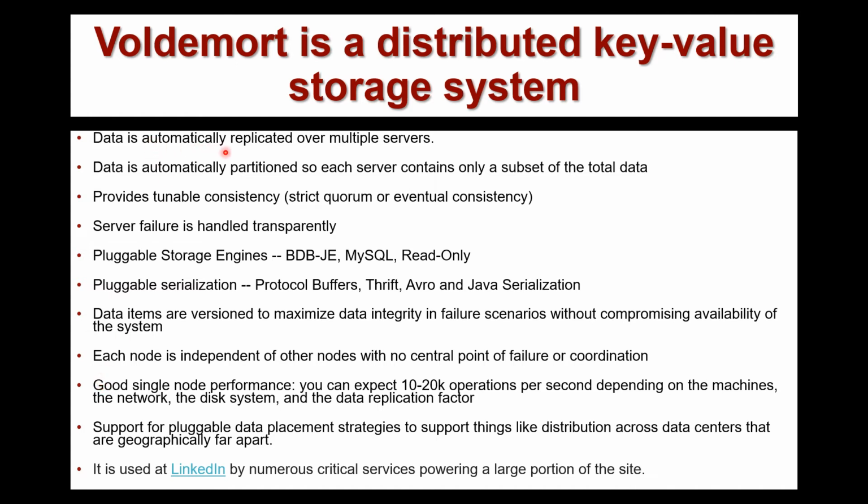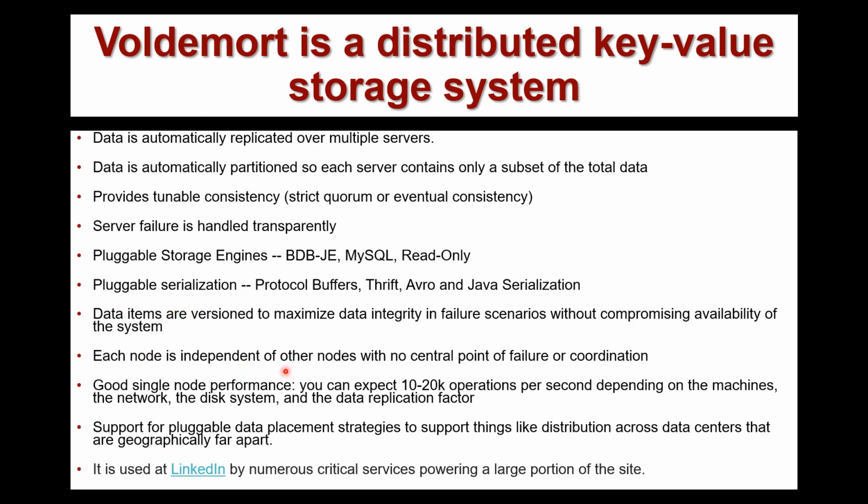Data is automatically replicated over multiple servers to avoid loss of data. It is also partitioned, so each server contains only a subset of the total data, and it provides tunable consistency. Server failure is handled transparently, and it has pluggable storage engines and pluggable serialization.